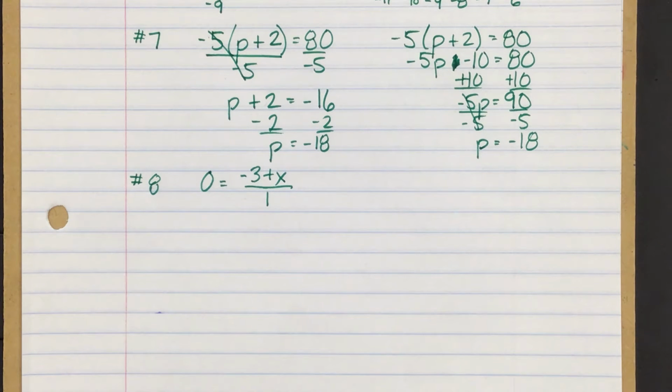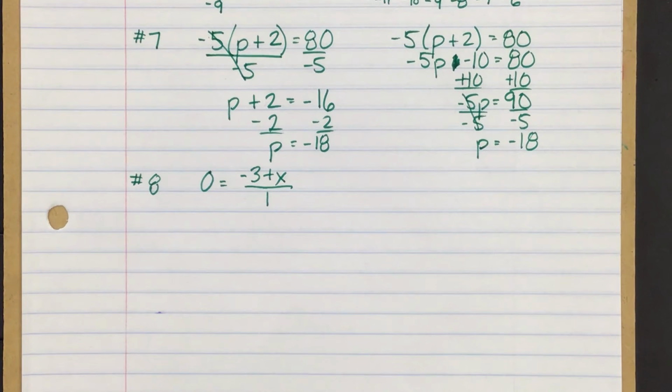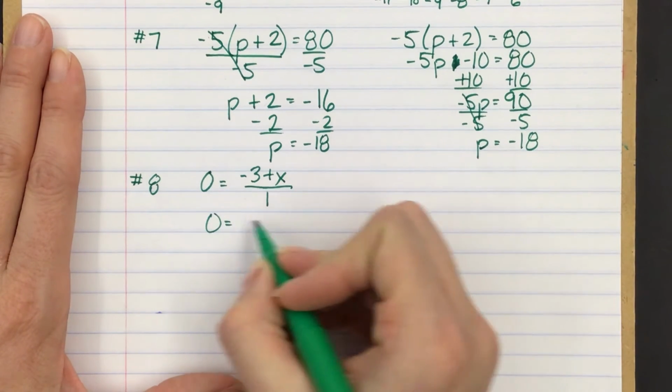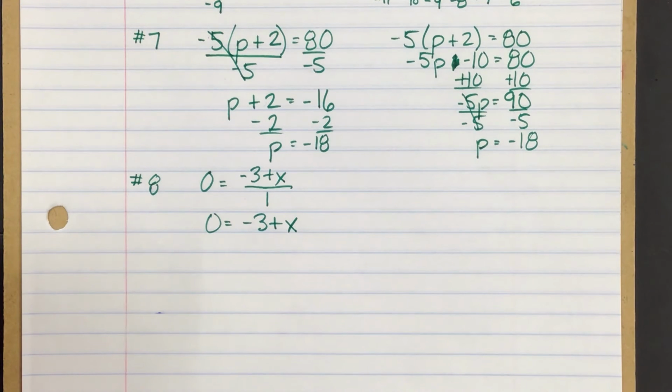No. But if I really wanted to, I could multiply both sides by 1. But it's not going to do anything. So really, this is the same as that. And like I said, if you want to go through the process of multiplying both sides by 1, go right on ahead. But you do not need to.